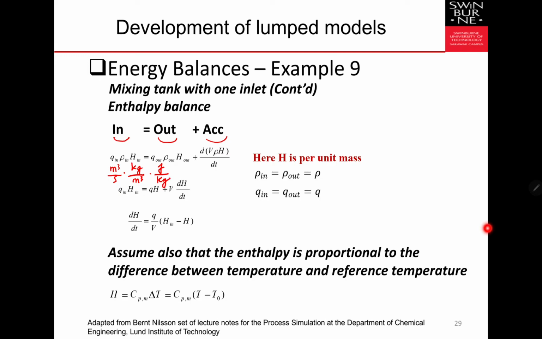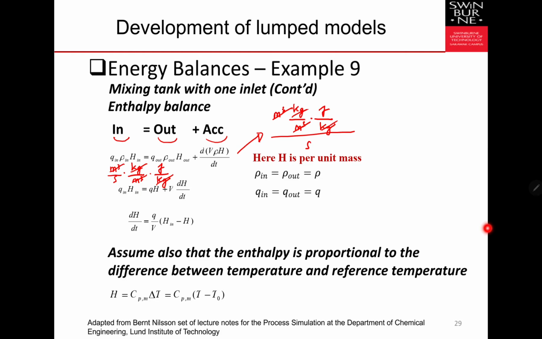Then as we can see here, this can cancel off and we have joule per second. The same with this term as well. We check: this one will be meter cube, kilogram per meter cube multiplied by joule per kilogram divided by second. So we end up having the same unit of joule per second.